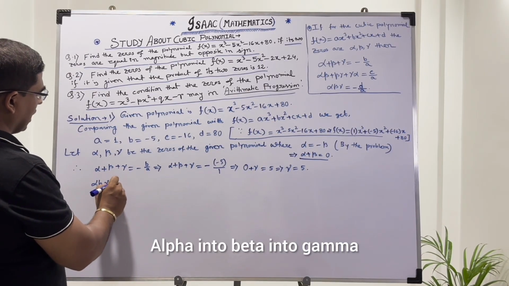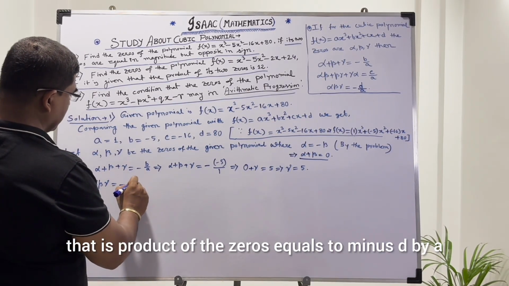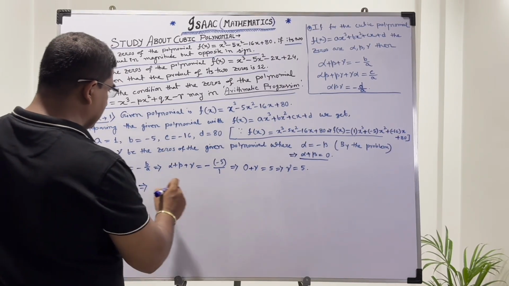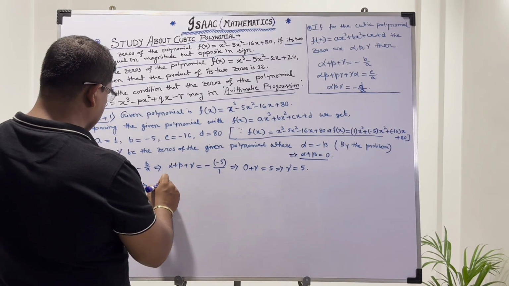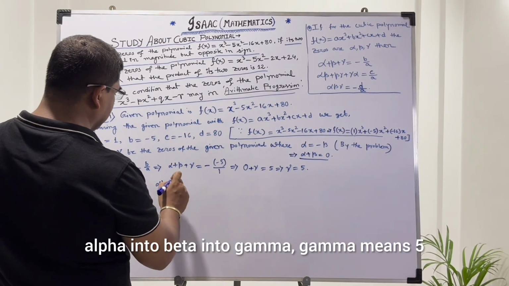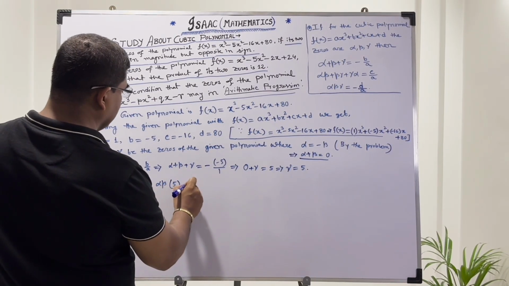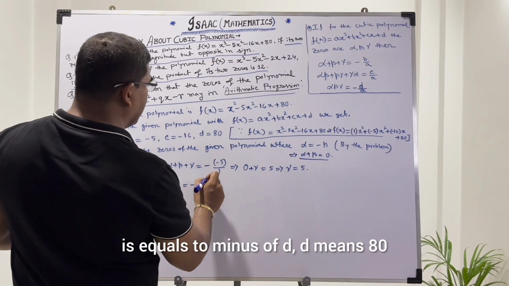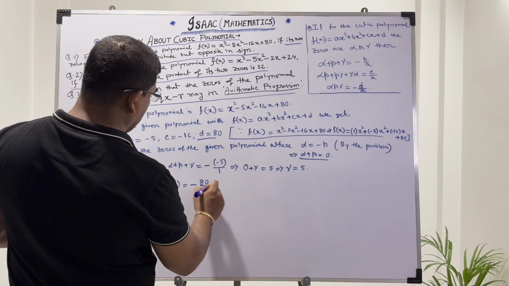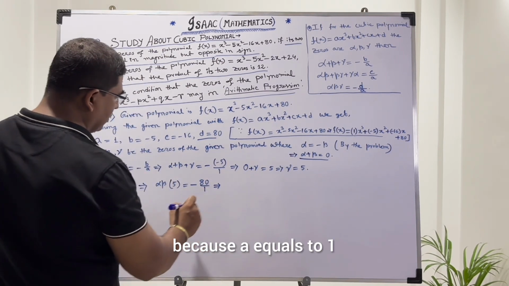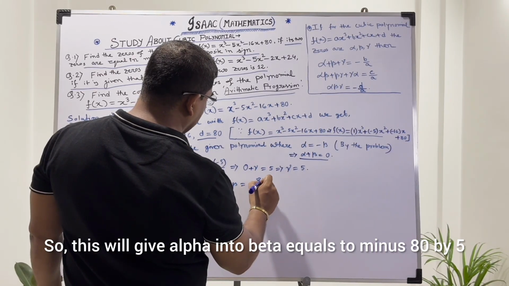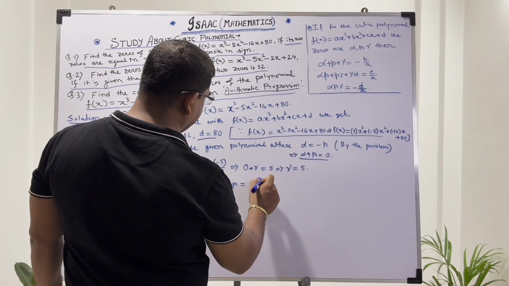Alpha into beta into gamma, that is the product of the zeros, equals minus d by a. This implies alpha into beta into gamma, gamma means 5, equals minus of d, d means 80, by 1, because a equals 1. So this will give alpha into beta equals minus 80 by 5.